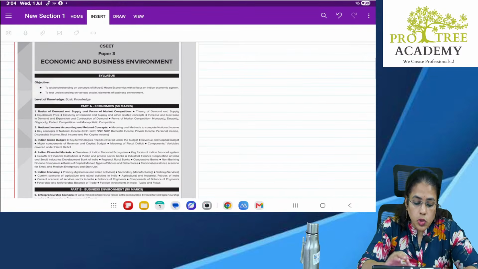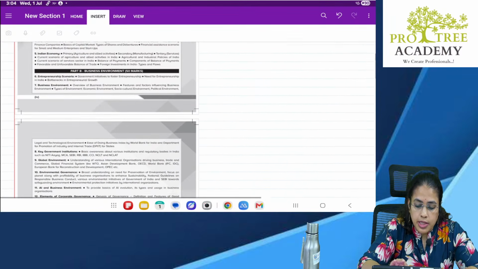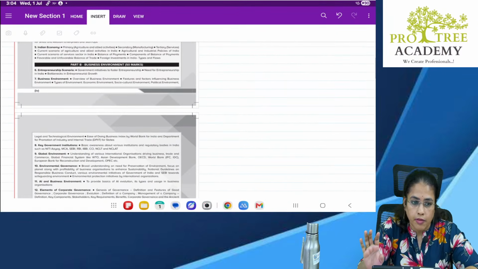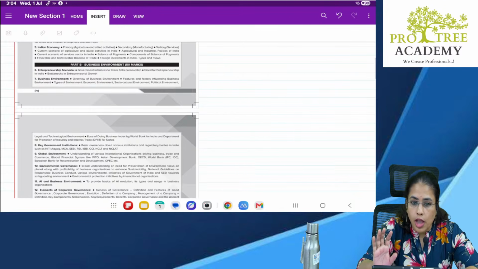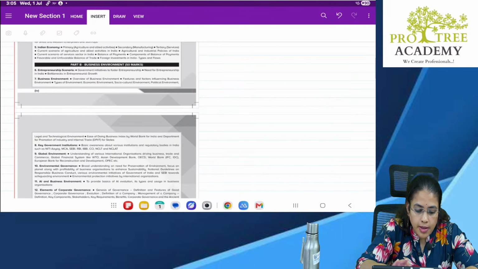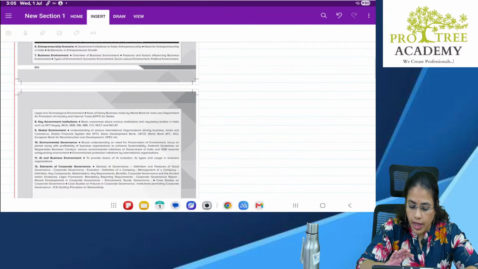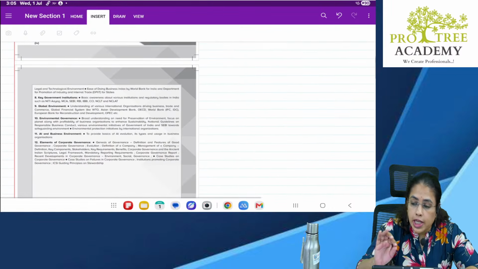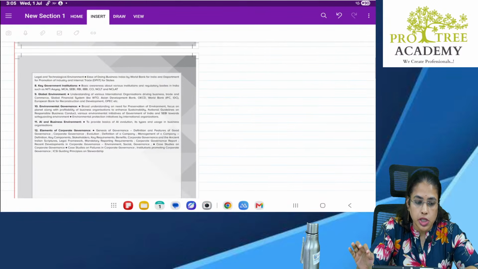So what I will be taking for you is business environment. What are the lessons we will be covering? Lessons are entrepreneurial scenario, how the entrepreneurs are, what is entrepreneurship. Then business environment, what kind of business environment they have. Then key government institutions, which are there.